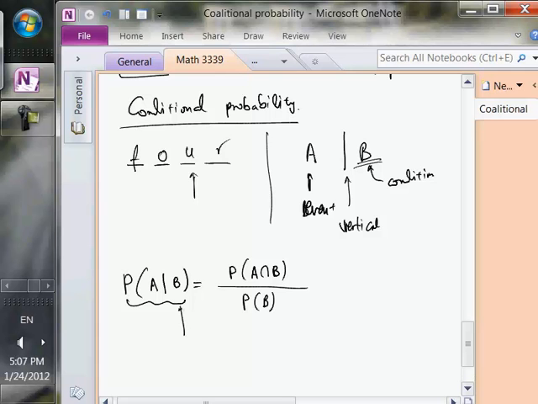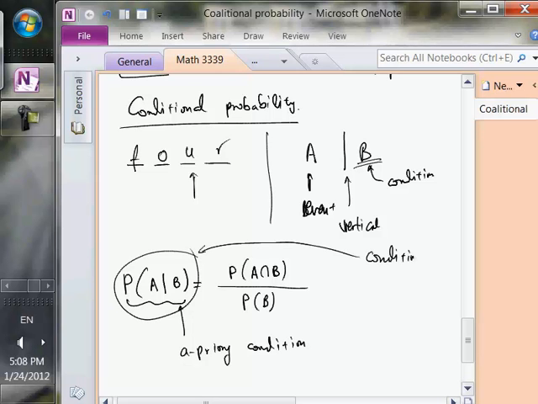Sometimes we call B the a priori condition because it's the given condition. All that probability is called conditional probability of A given B. Is that clear?